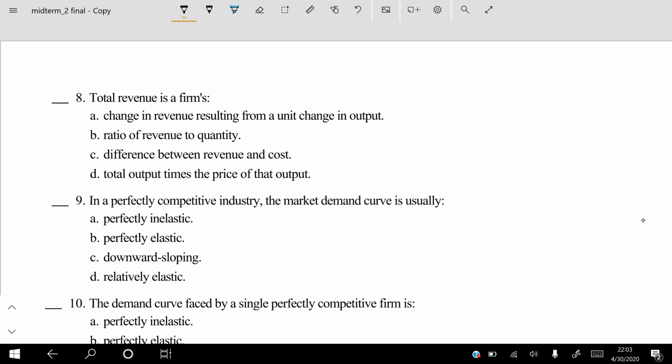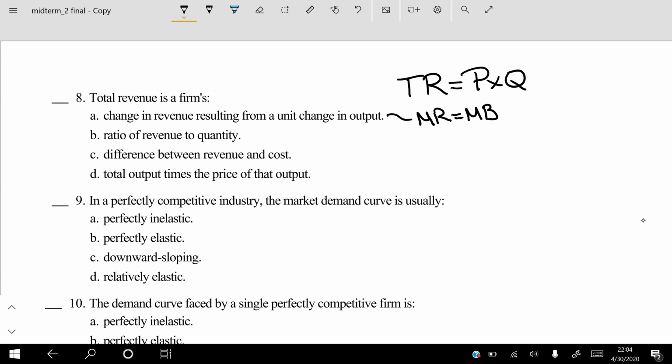Total revenue is a firm's what? Well, remember, total revenue is price times quantity. So let's see if any of these match. It's the change in revenue resulting from a unit change in output. Well, this thing is actually the definition of marginal revenue or marginal benefit.